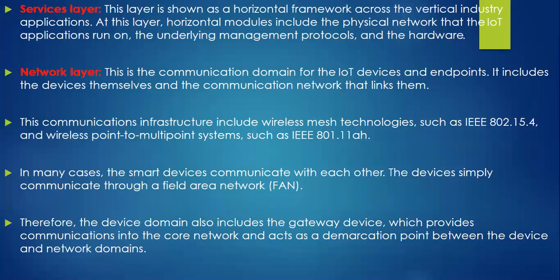In many cases, smart devices communicate with each other. The devices simply communicate through your field area network. Remember, whenever we are deploying a sensor, it has its own range, and the neighbor sensor also has a range. Feel that it is a circle: one sensor has a range of a circle, and the second sensor also has a range of a circle.